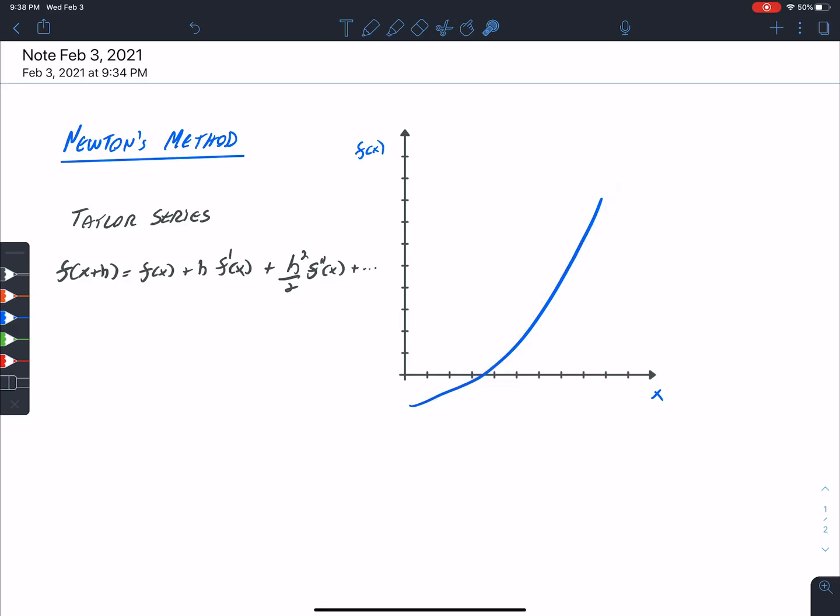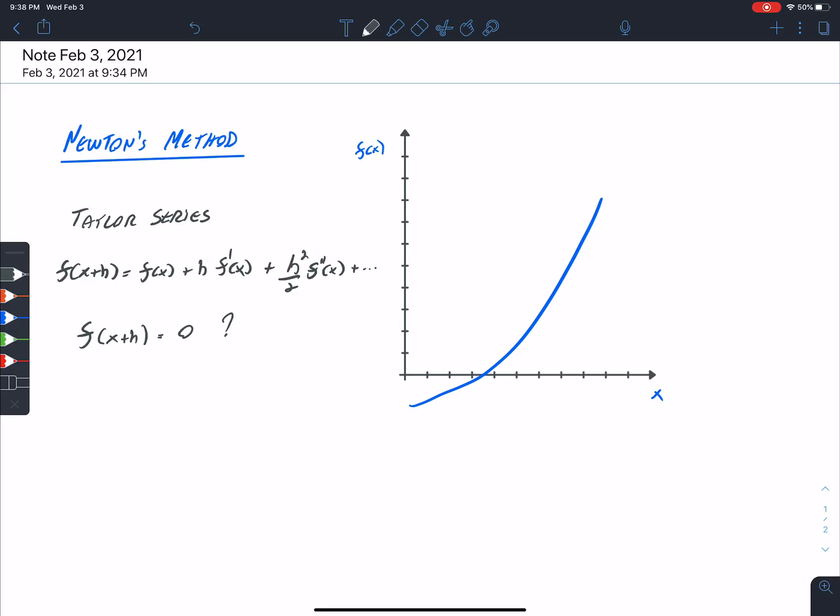So the whole idea behind finding the roots is to find where this function f of x equals 0, right? So we are searching for the roots, and so we would like to find some value of x, or some x plus h, where this is 0. This is what we're trying to solve.